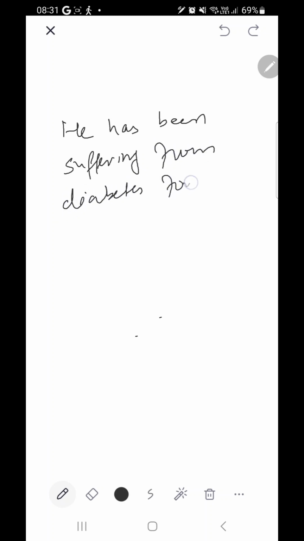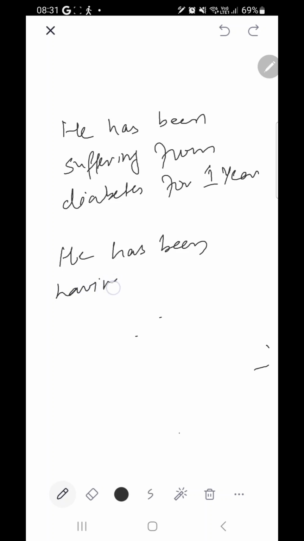He has been suffering from diabetes for 1 year. Let's say, right? He has been having abdominal pain for 2 hours.